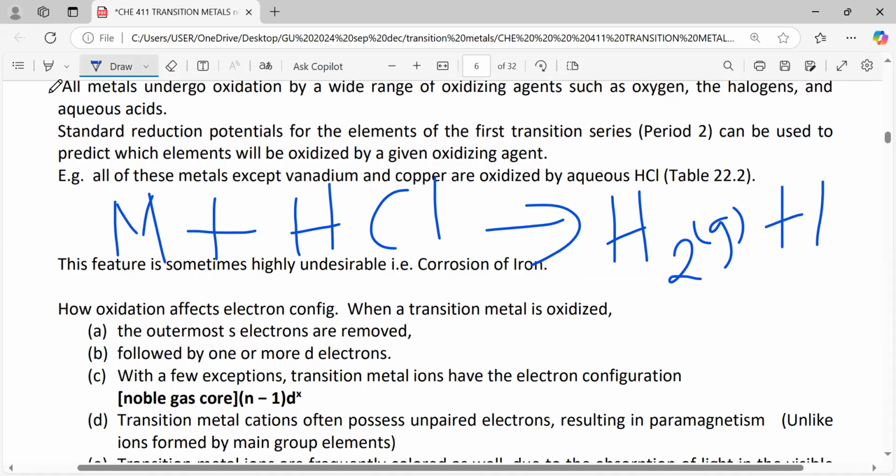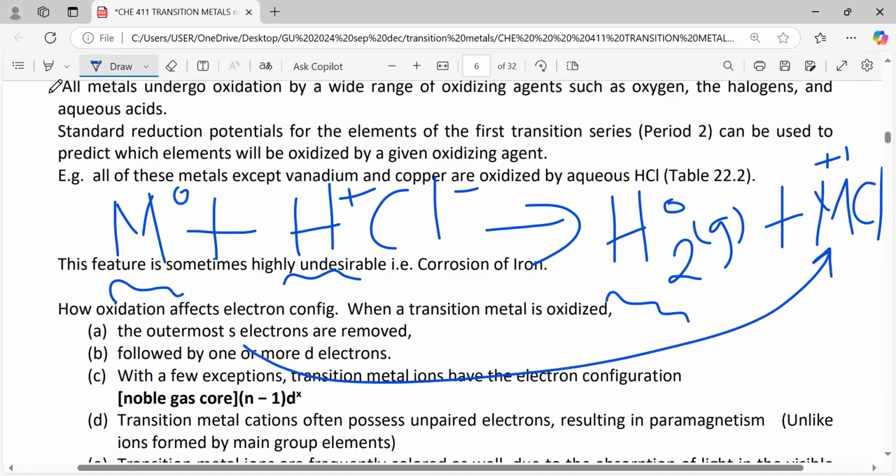plus a metal chloride, for example. So the metal chloride is +1 and hydrogen is 0. So it means the hydrogen that was initially +1 has been reduced to 0, while my metal, initially 0, has been oxidized to +1.